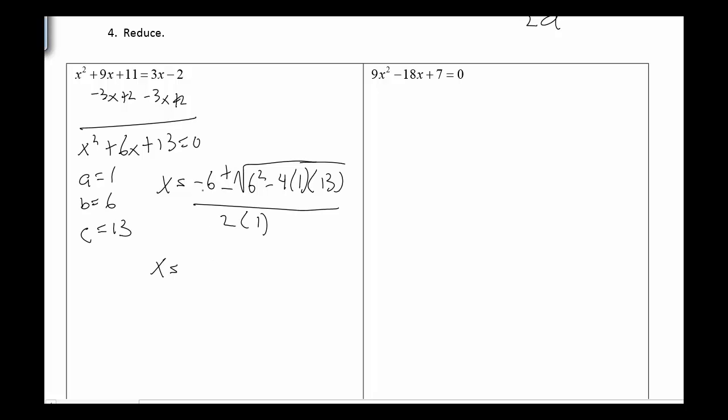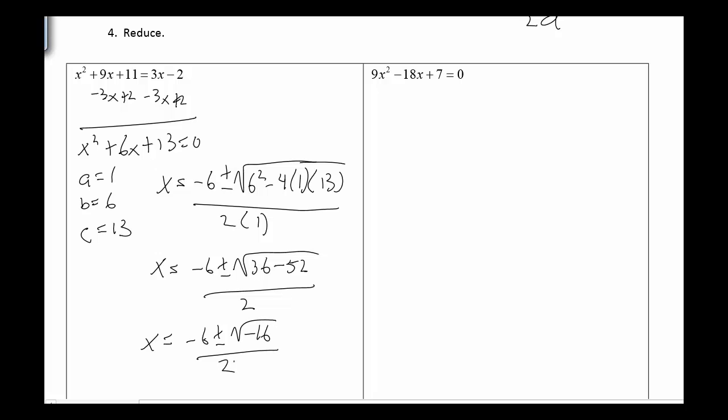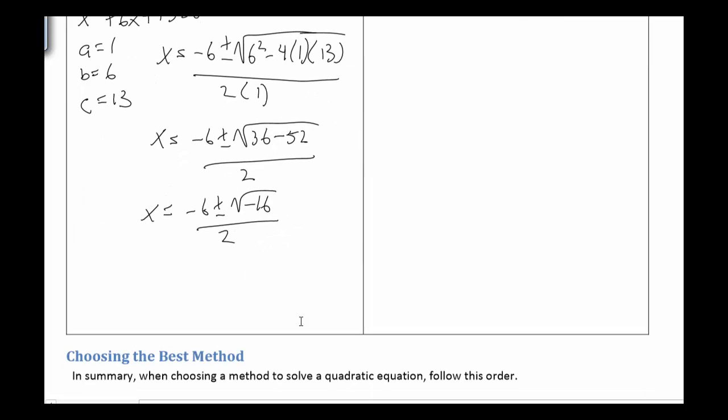Alright, let's see, so negative 6 plus or minus the square root of 36 minus 52 all over 2. 36 minus 52 is negative 16. There's that negative again inside the square root.